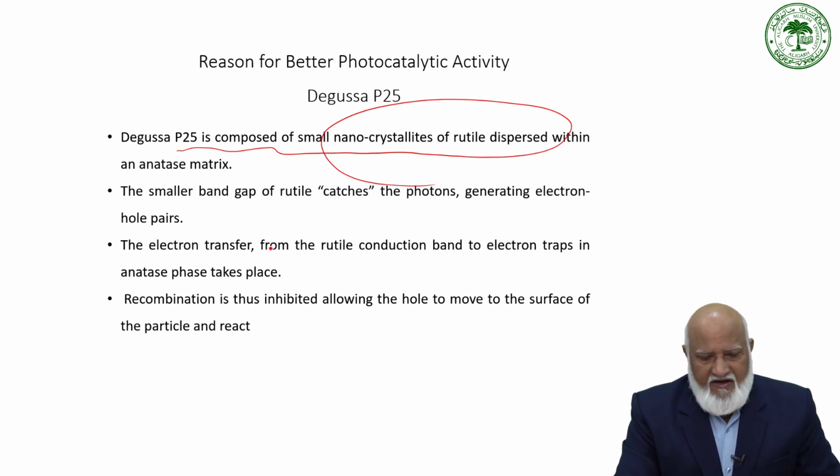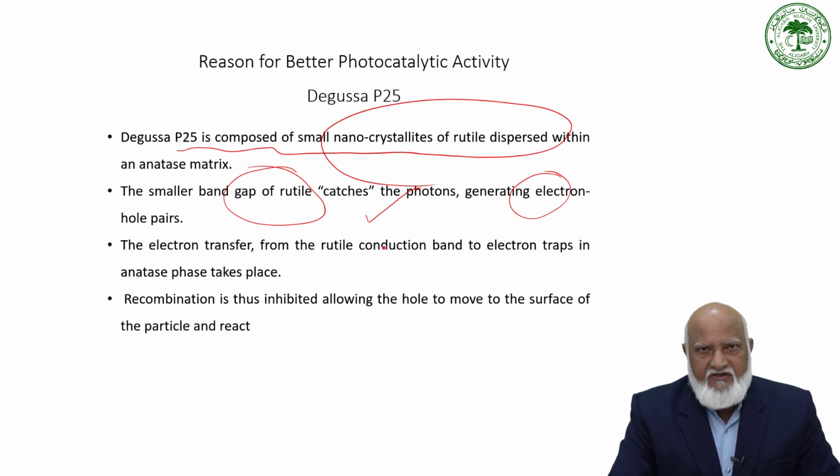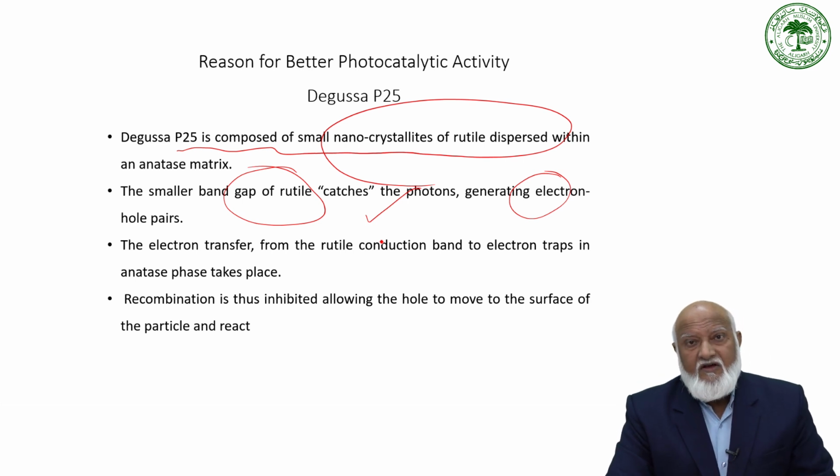The rutile has the smaller band gap, which catches photons most efficiently, generating electron hole pairs. So this could be a reason for better activity of P25, which is a mixture of anatase and rutile.